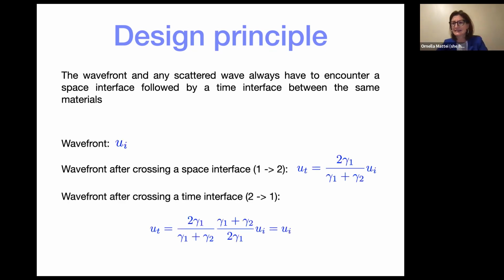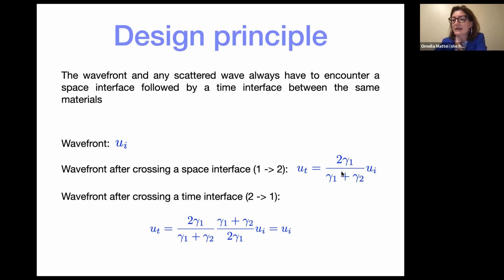But let's see, for instance, an example. Let's only focus on the wavefront and suppose that we have initially an intensity and amplitude of UI. If the wavefront crosses a space interface from material 1 to material 2, then by using the transmission conditions at the space interface, we can find the amplitude of the wave after the crossing.